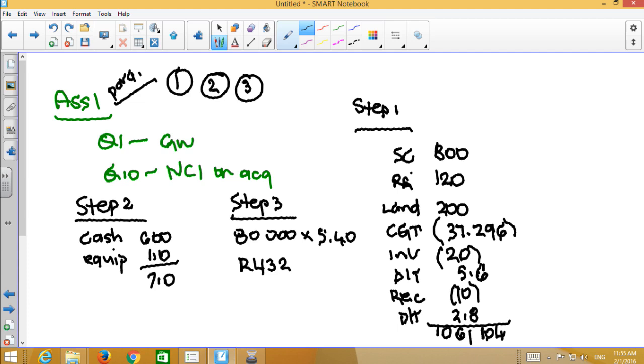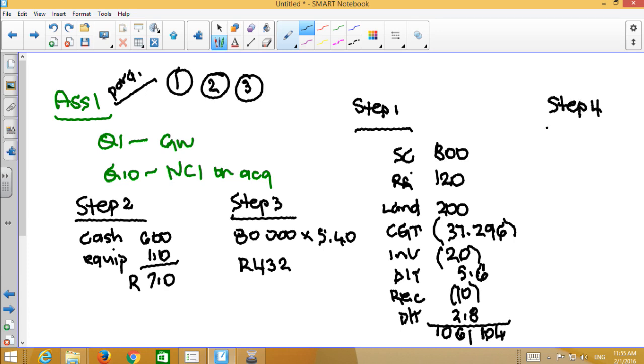Okay, now there is another NCI, so I don't know if that's where you're getting confused, but the other NCI is for preference shares. But we're going to look at them completely separately, isn't it? So for now, we're going to look at the goodwill for the ordinary shares, and then we'll look at the preference shares separately.